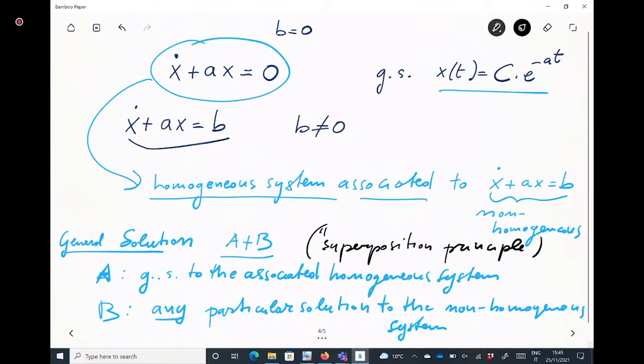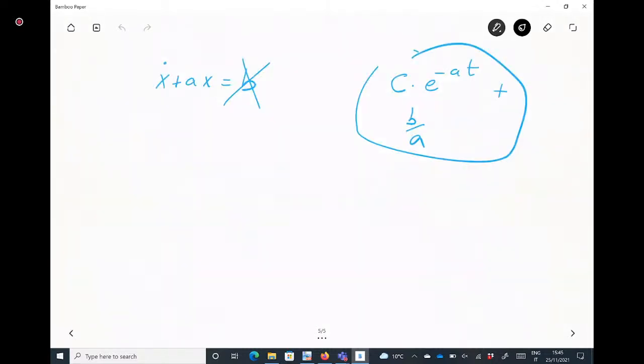Now look at this example and how it is easy to solve this type of equations in which we have b, which is not constant but changes over time, okay?